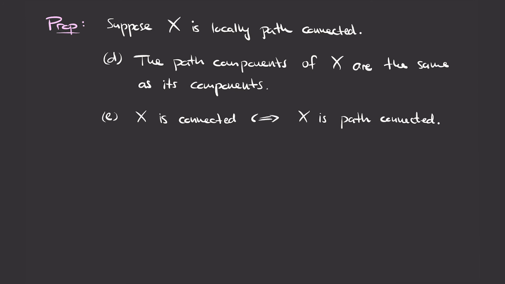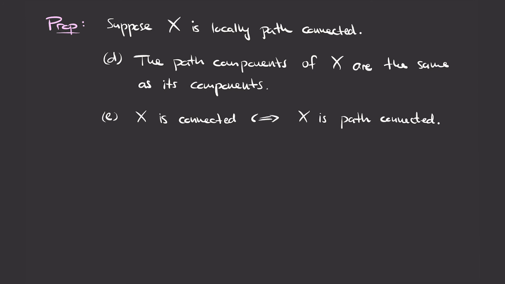And in particular, this will imply that in a locally path-connected space, the space is connected precisely when it is path-connected. And again, this is important because we have these two notions, connectedness and path-connectedness, and in general, path-connectedness is much easier to work with. This proposition is saying that if your space is locally path-connected, then you don't have to care about the differences between connectivity and path-connectedness.